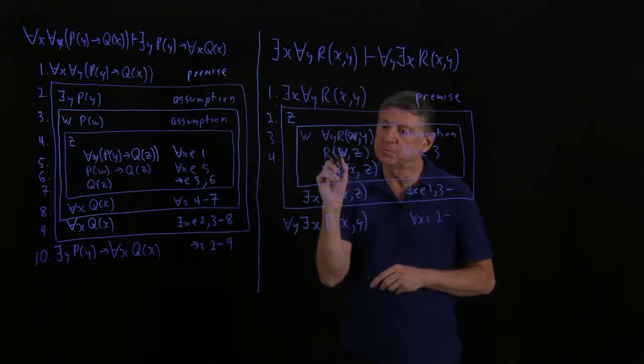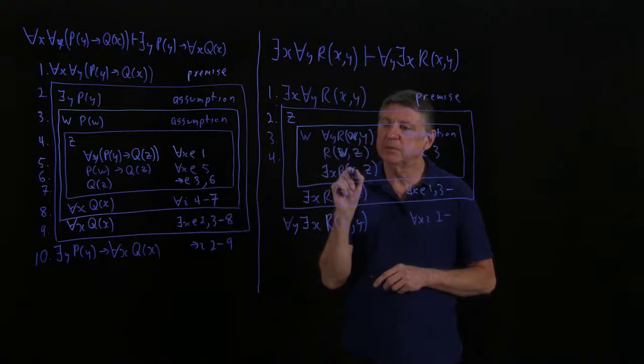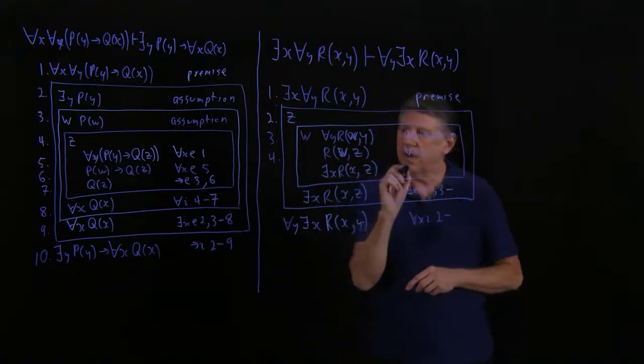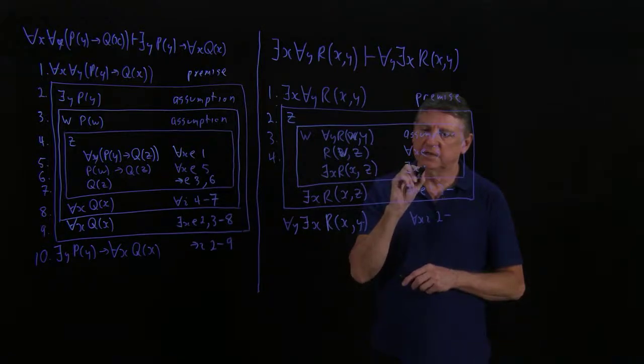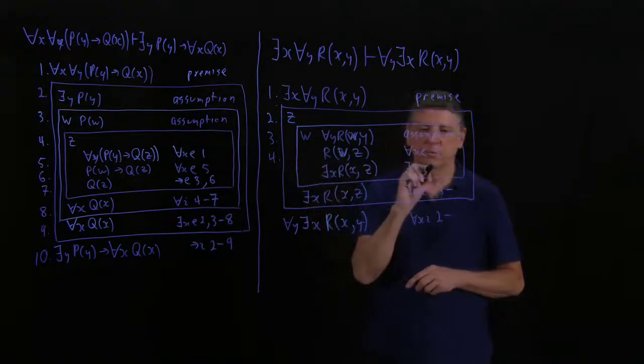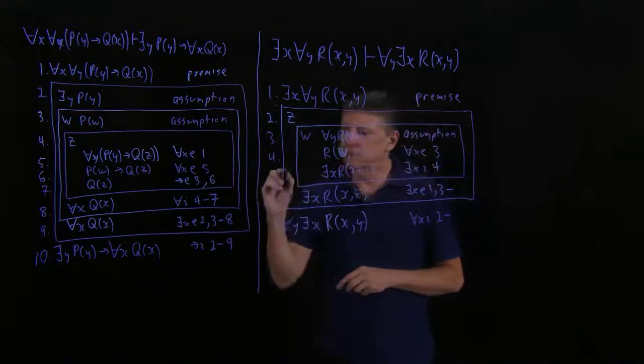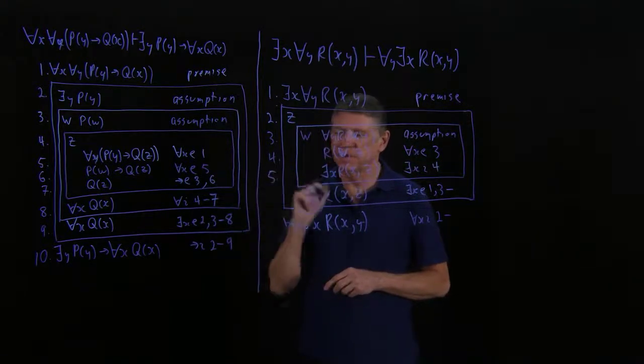Which one helps me the most? Well, that would be replacing this w with an x. So I could say that this is justified by existential introduction of line 4. And that is justified, so that's line 5 of my proof.